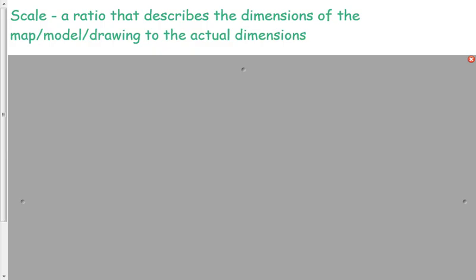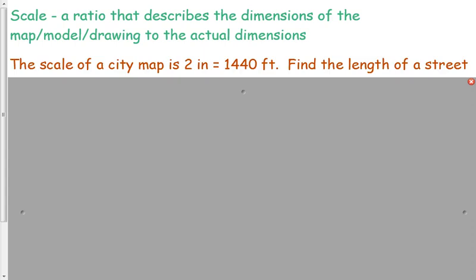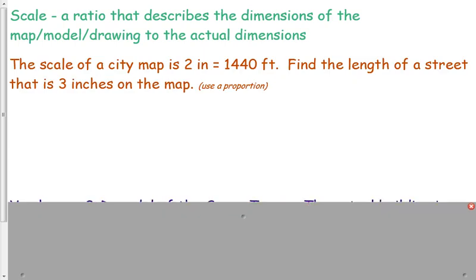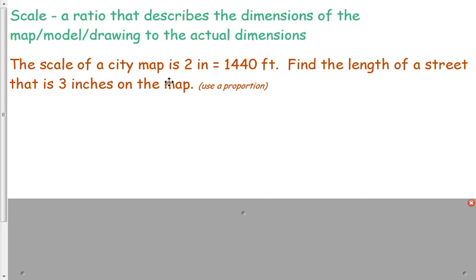Alright, scale. It's a ratio that describes the dimensions of the map, the model, or the drawing to the actual dimensions. So scale is, like we say here, a ratio, and when solving with scale, we will use a proportion. It says here the scale of the city map is 2 inches equals 1440 feet.